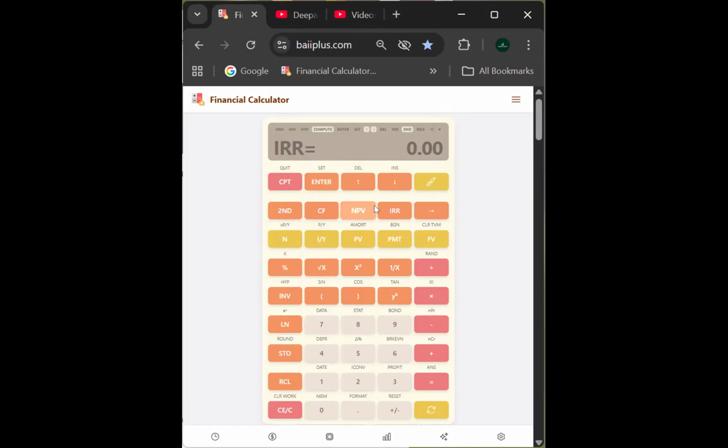My bad, sorry. We need to calculate the NPV. So interest rate is 18%. Compute. Cash flow 1 is 4.8. Cash flow 2 is 5.76.